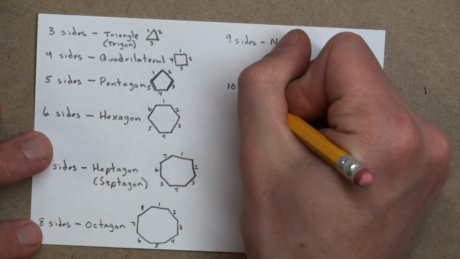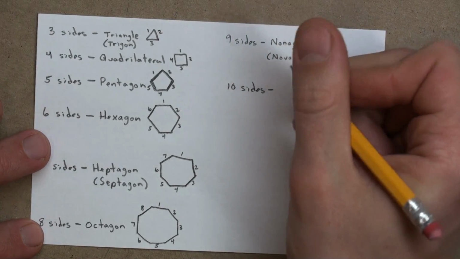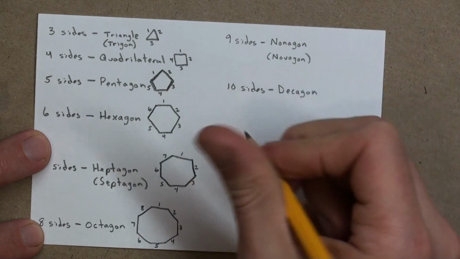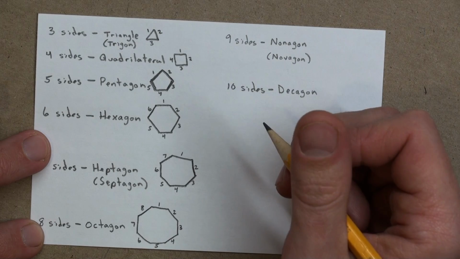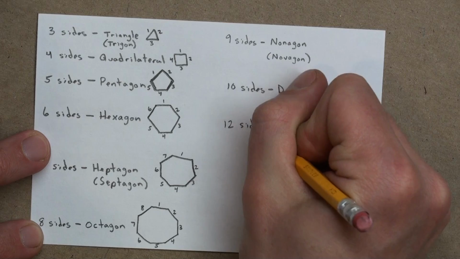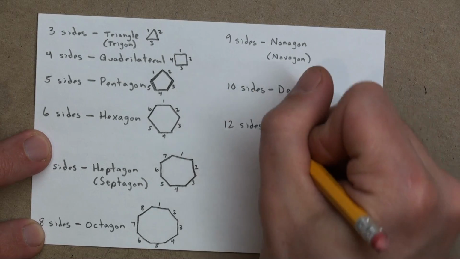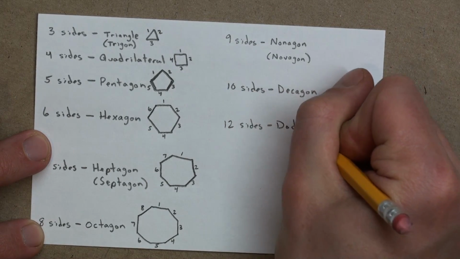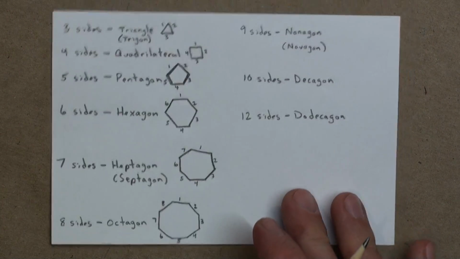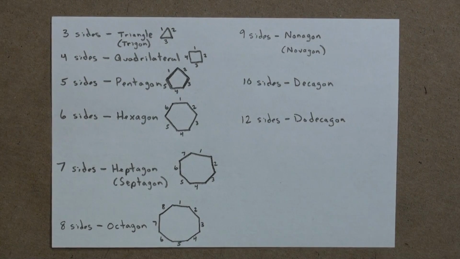Then you can do 10 sides, which is called a decagon. And then another common one is 12 sides, which is a dodecagon. Okay, so those are the most common polygons.